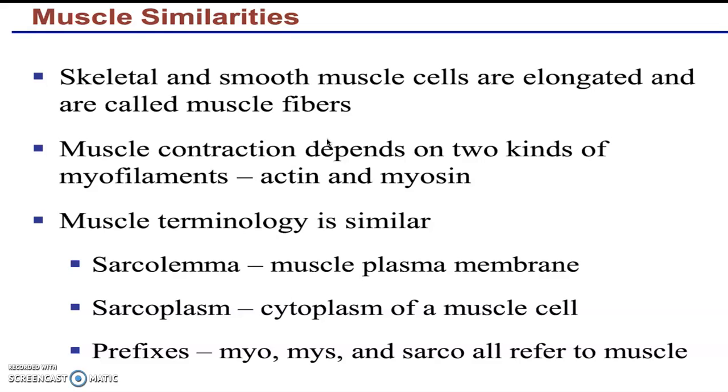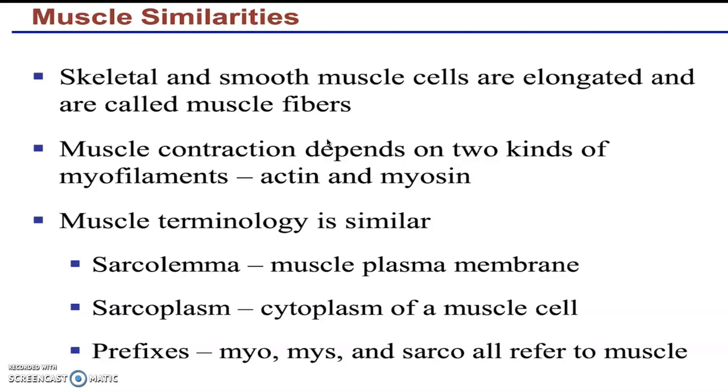And then there are muscle similarities. All 3 muscle tissues, the skeletal muscle tissue, the smooth muscle tissue, and the cardiac muscle tissue, have all of the things listed in this slide. So the skeletal and smooth muscle tissues are elongated and are called muscle fibers.